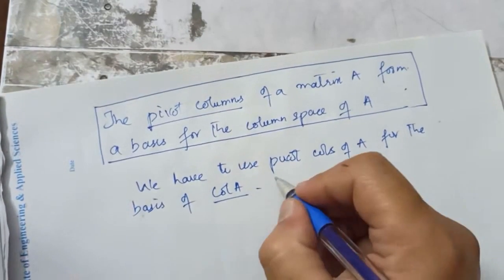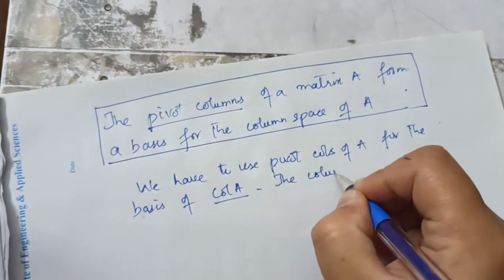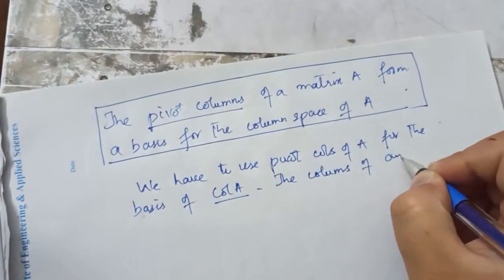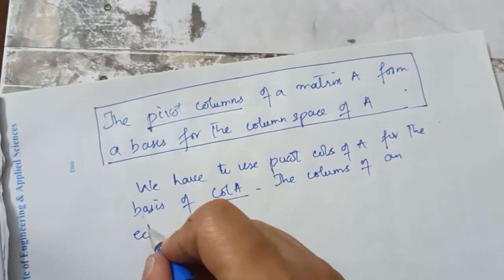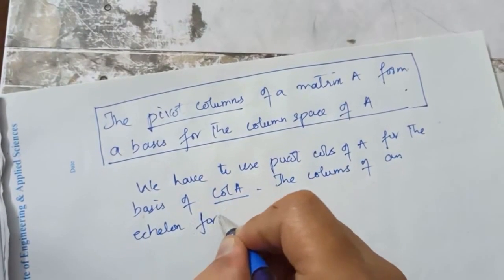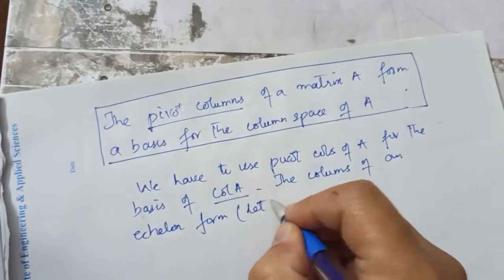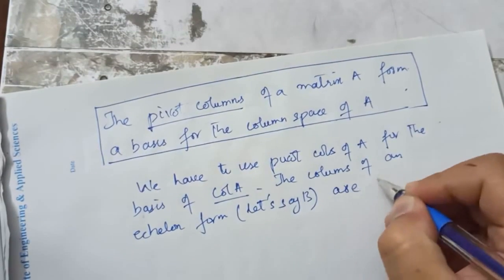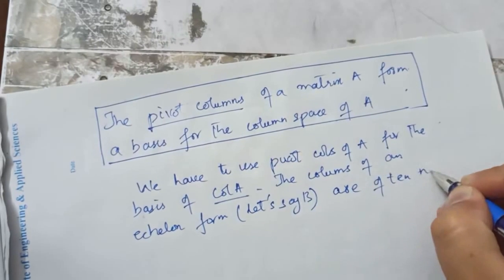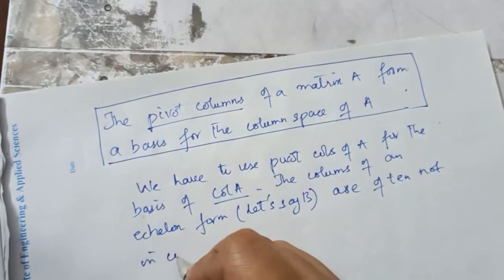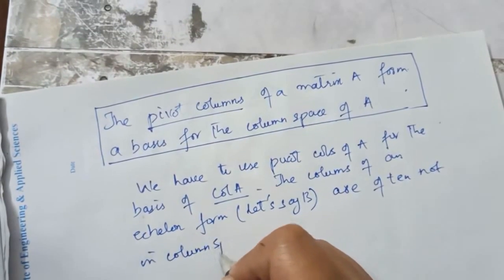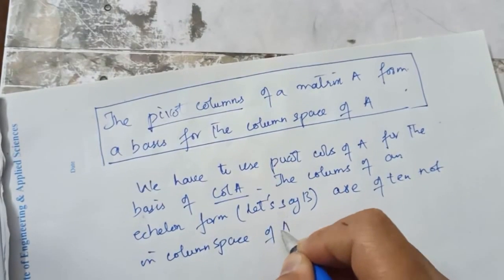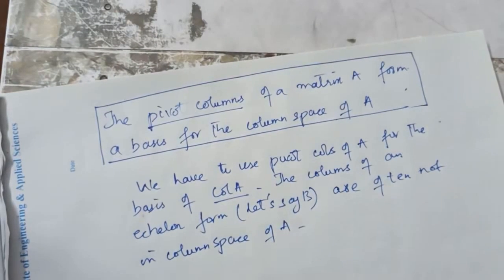The columns of an echelon form of A, let's say B, are often not in the column space of A, right?